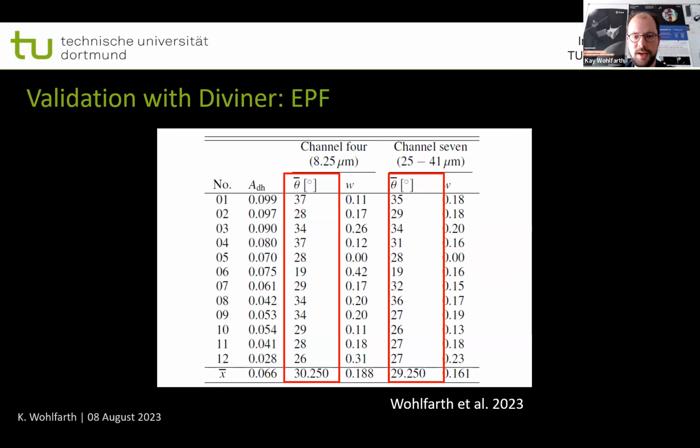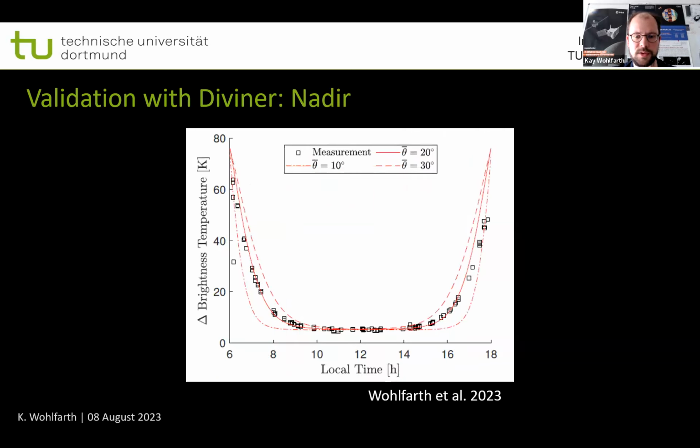But something is really interesting, and this is a result that has also been found by Bandfield, which is that there seems to be some roughness difference between the EPF maneuvers and the Nadir measurements. So I tried to model them as well, and found that the Nadir measurements over a lunar day tend to agree more with 20 degrees of surface roughness.